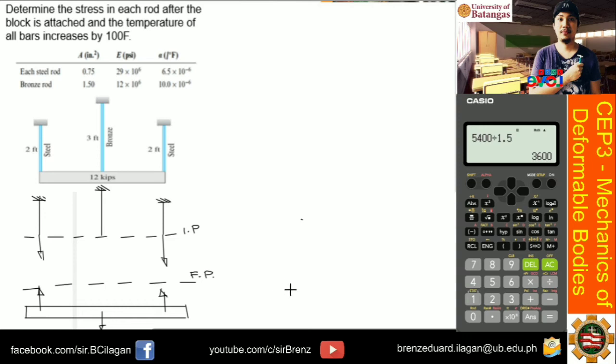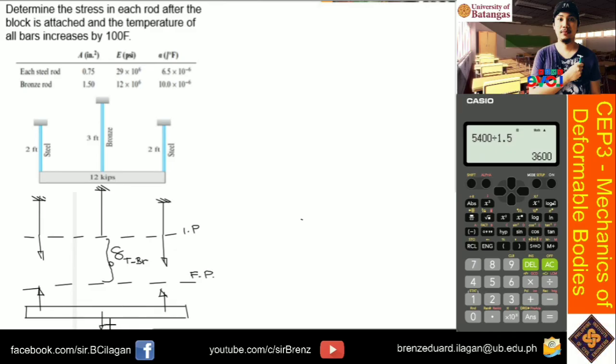Okay, so balik tayo. So again, upon the increase in temperature, ito nga yung unknown, yung bronze rod mo is magkakaroon ng ganitong deformation. So ito, pangalan natin as delta T for the bronze. Okay? So next, since yung mag-carry na lang ng 12 kips, ano bang bigat niya?